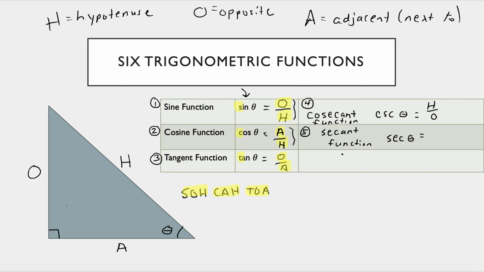So if cosine is A over H, this one is going to be H over A. All right, and then the last one is the cotangent function. We're going to abbreviate this one COT, and it is going to be the reciprocal of the tangent. So if the tangent is O over A, this one is going to be A over O.